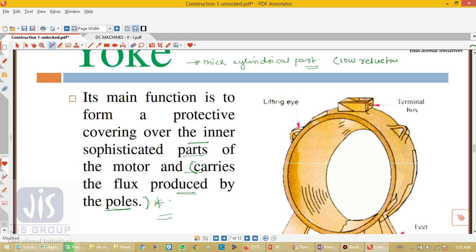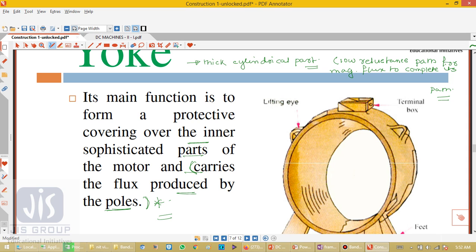Which is basically the requirement for any magnetic circuit, to provide a low reluctance path for magnetic flux to complete its path. Okay, so this is the function of the yoke. You should keep that in mind.